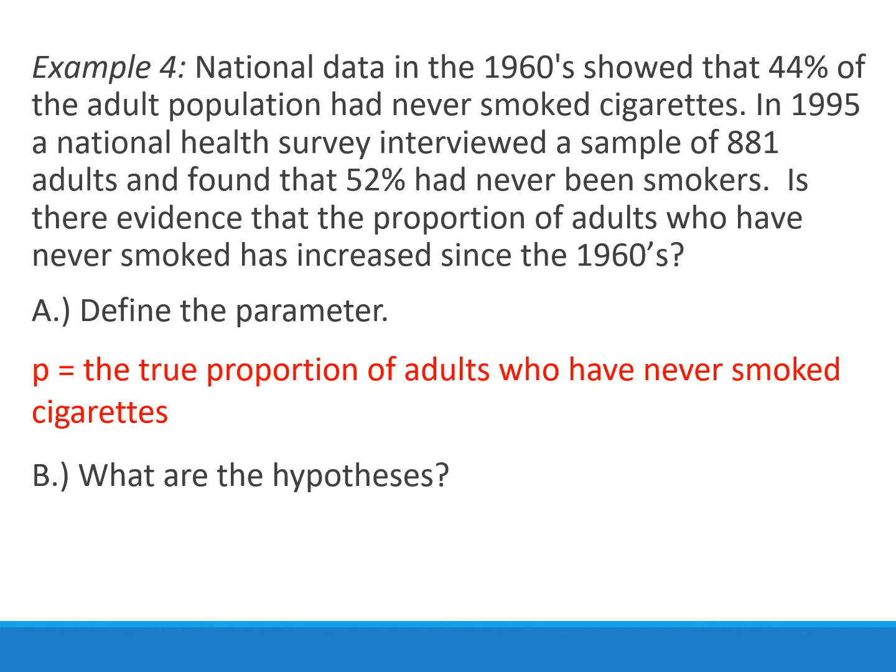The null hypothesis is that it's equal to 44%. This is the population we're comparing it to. The 52% value is based on a sample of 881 adults, but the hypotheses are always about the population. So p equals 0.44. It's asking, has it increased? So p is greater than 0.44.